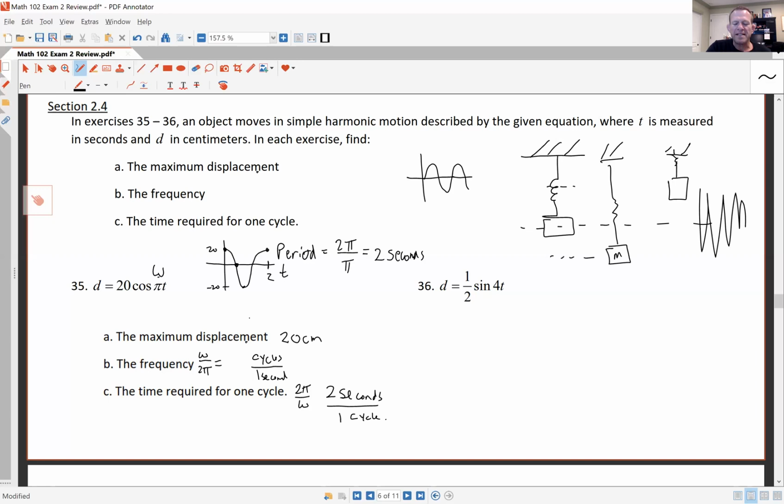So we know that if it takes 2 seconds for one cycle, then we're only going to get a half a cycle in 1 second.